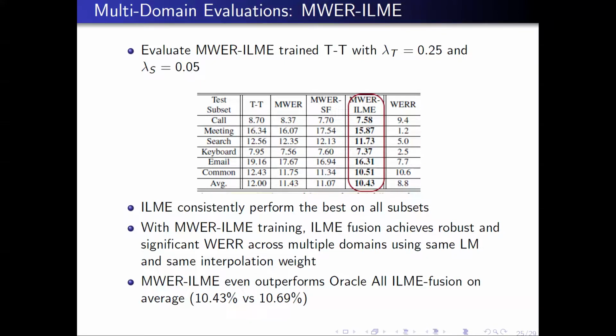MWER-ILME outperforms Oracle ILME fusion on average, which is very interesting: 10.43% versus 10.69% in previous slides.